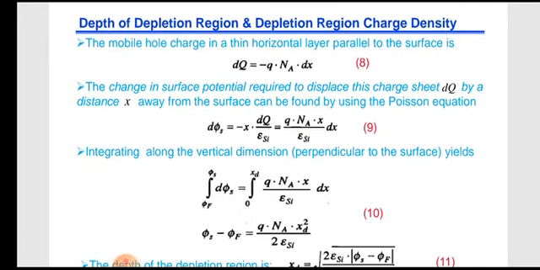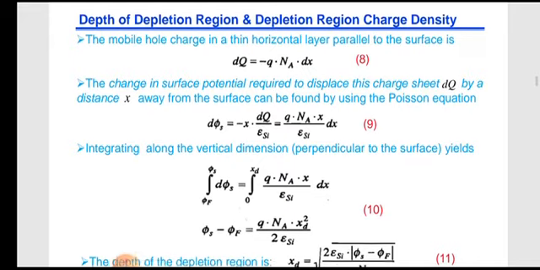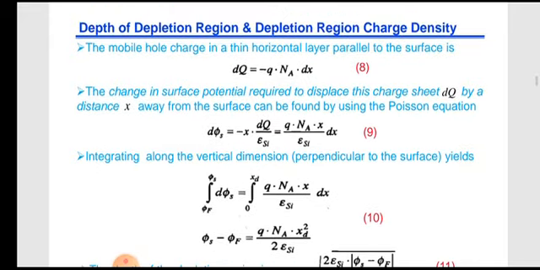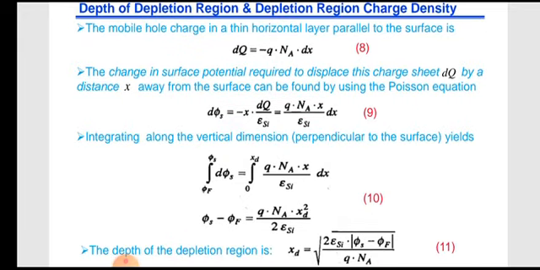Next, the depth of the depletion region and the depletion region charge density. The mobile hole charge in a thin horizontal layer parallel to the surface is dQ equal to minus q into Na dot dx.